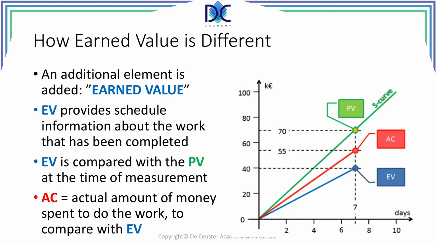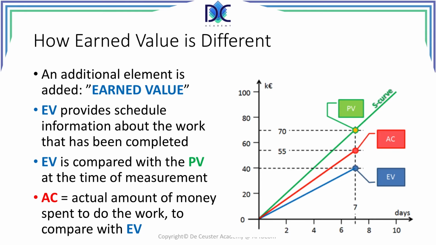When we look at earned value management, it's a little bit different from the previous approach. Once we are working on the project, the position of the S-curve at week 7, our control week, is called the planned value. That's the value we expect to create. We expect to create a certain number of deliverables which cost a certain amount, and the amount is the estimated amount of the deliverables.